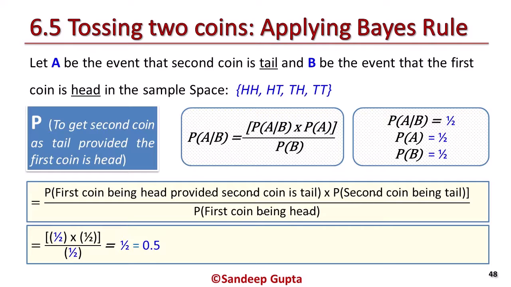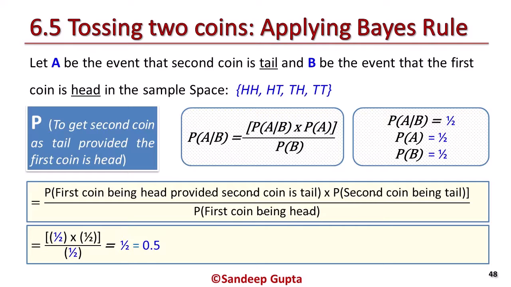Let's apply the Bayes' rule to calculate the probability of the second coin being tail given the first coin as head. Let A be the event that the second coin is tail, and B be the event that the first coin is head in the sample space shown in the slide.